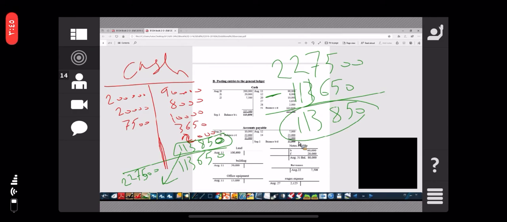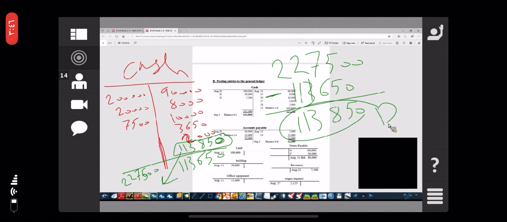So you will say the balance was 113,850 debit. So you will decide whether it is debit or credit depending on which side is higher.